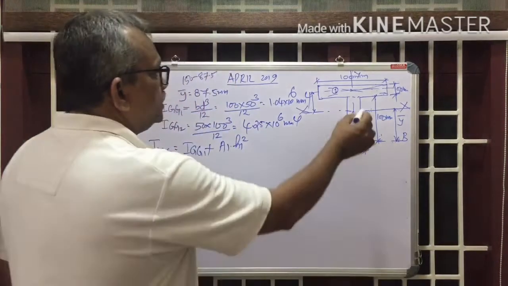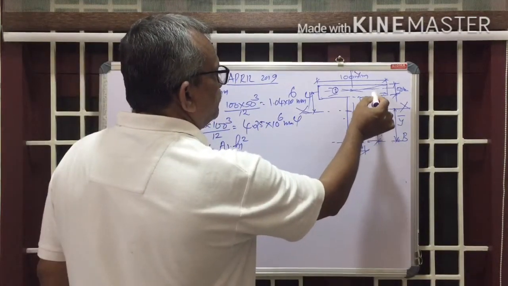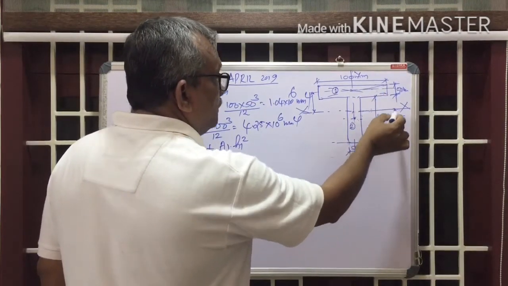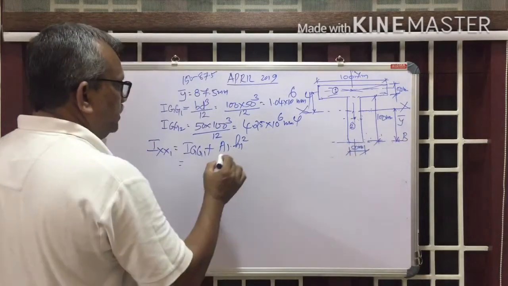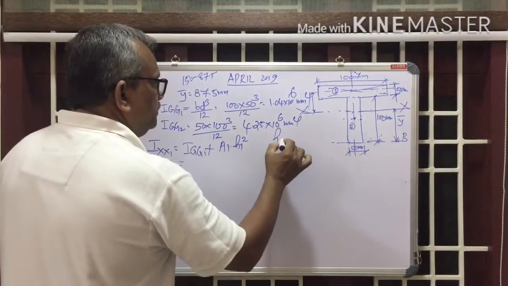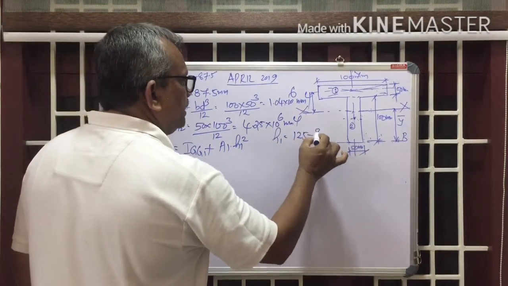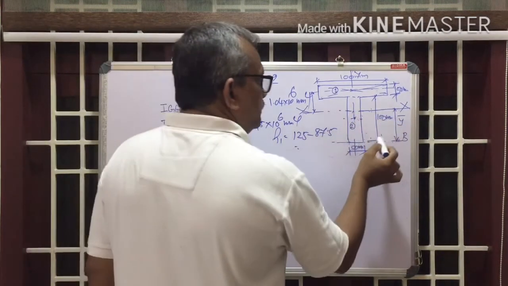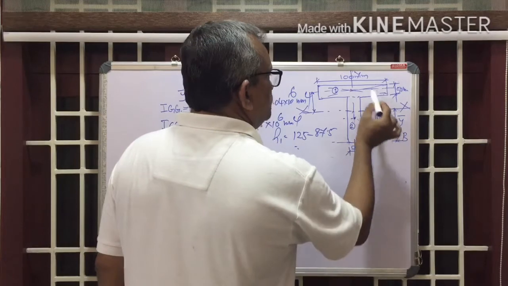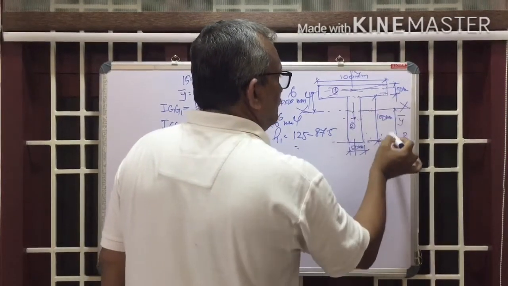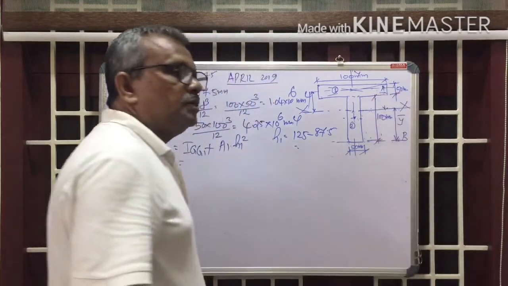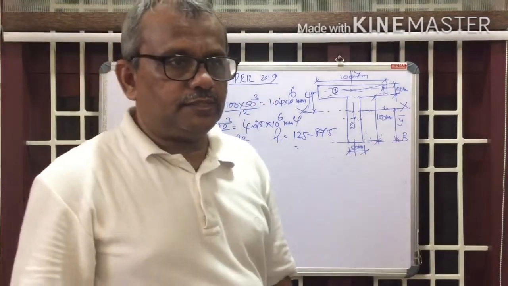This is 100 till here, 125, this half of this is 25. So h1 is equal to 125 minus 87.5, the y bar. Is that clear? 125 is the distance from the bottom to the center of the first rectangle, minus y bar, so that you get the distance between the two axes.